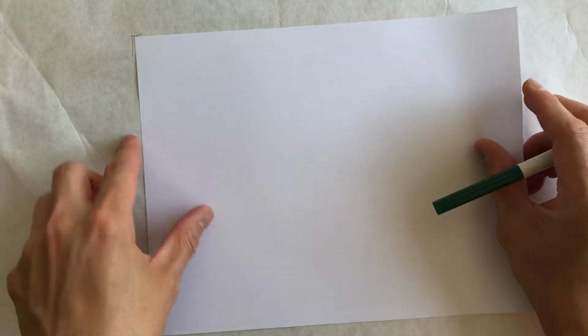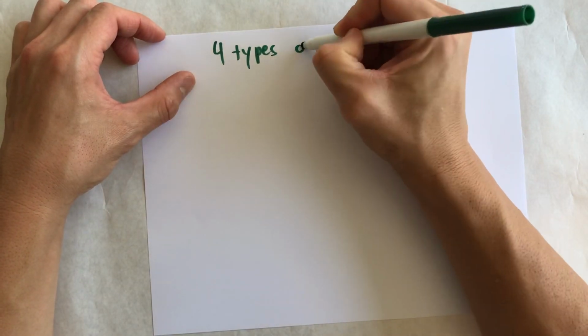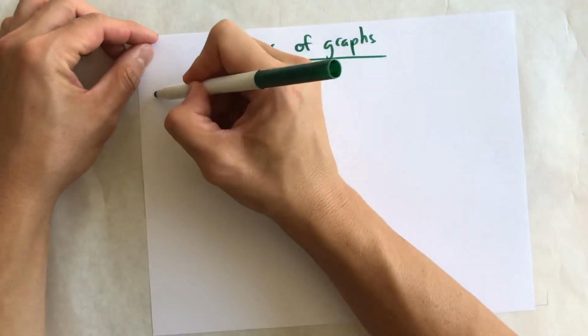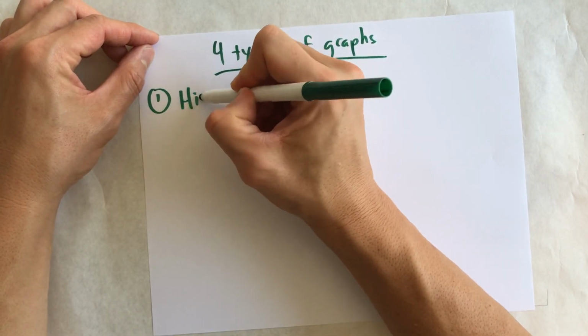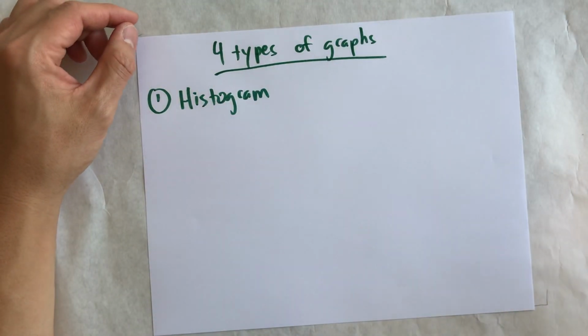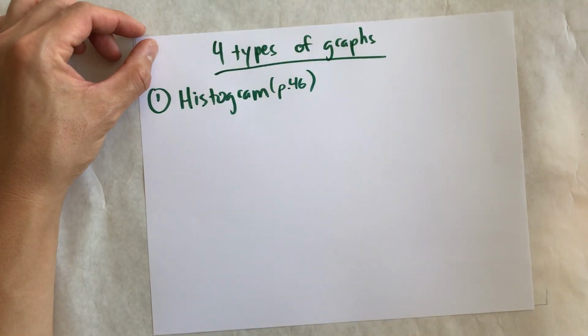We're going to be talking about 4 types of graphs. Okay. The first one I think you're familiar with is called a histogram, and this is going to be on page 46. Okay.